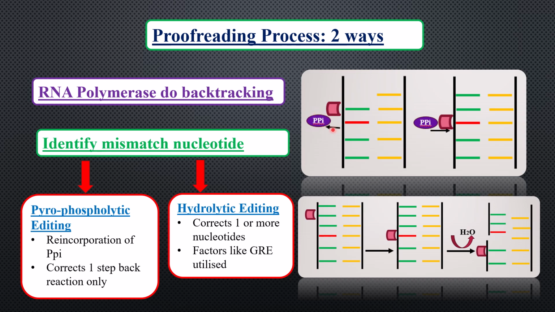So once it comes back, it utilizes this pyrophosphate, reincorporates it into this particular base and removes it. Once it removes it, it comes back and catalyzes the correct nucleotide bases. That's how pyrophospholytic editing happens: reincorporation of pyrophosphate, and it corrects one step back reactions only.